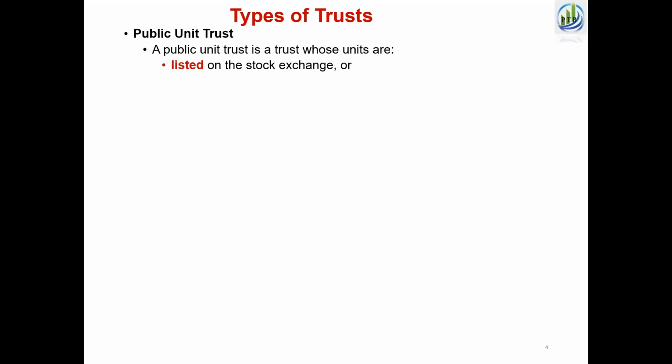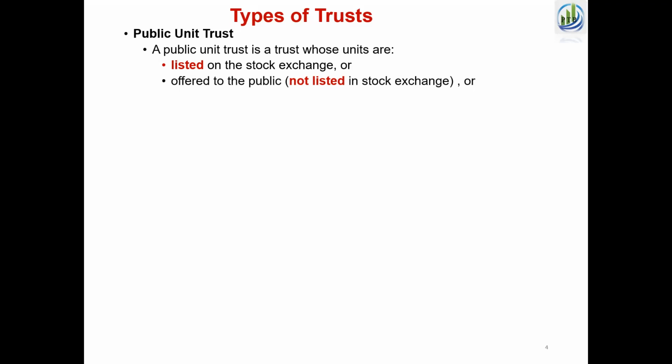Still, it is a trust, not a company, not shares, but you can buy the units on the stock exchange. If it is not listed on the stock exchange, but you can still buy that unit through another normal medium, that's called non-listed public units. It means it's not available through the stock exchange, but it is still available for the public to buy directly from that particular trust.